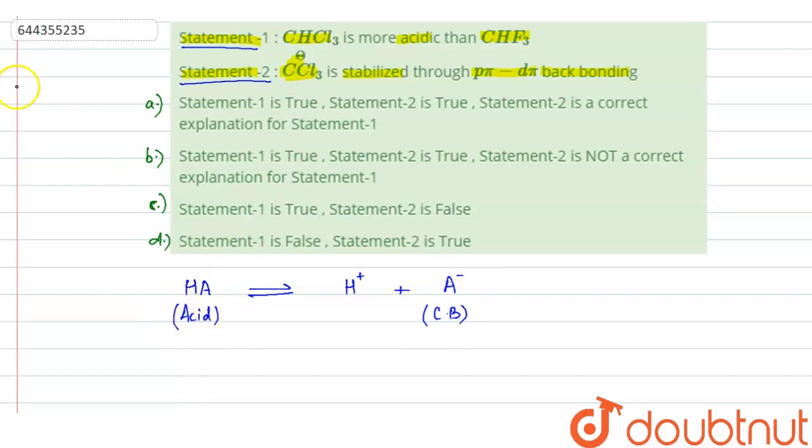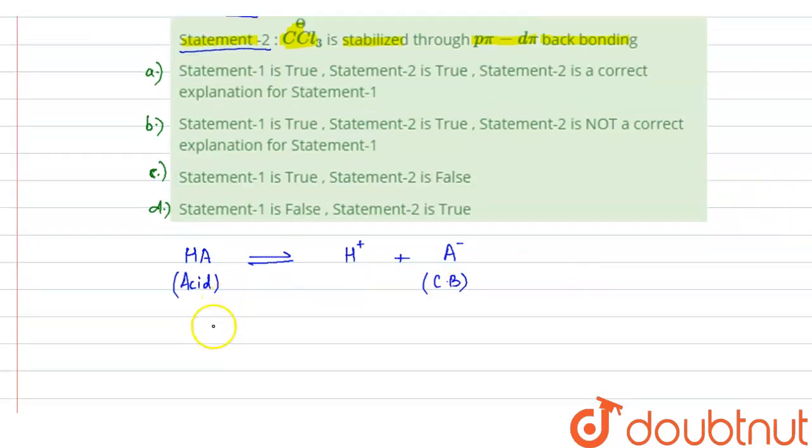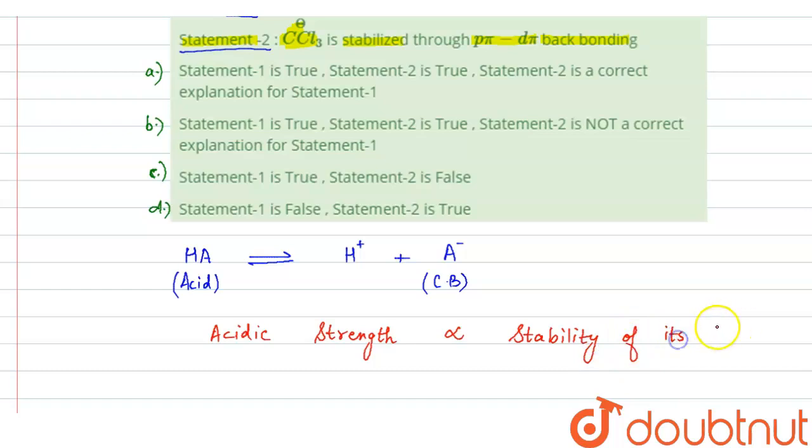So basically the acidity of the acid, or you can say acidic strength, depends on the stability of the conjugate base. So always remember that acidic strength is directly proportional to the stability of its conjugate base.